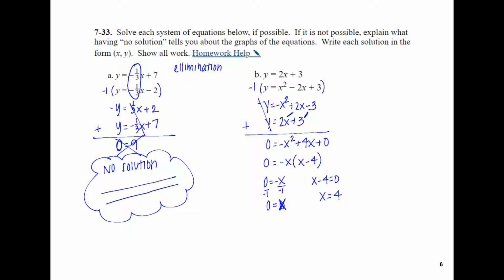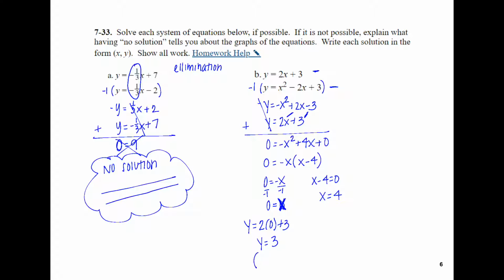Remember, you are solving for where these two things intersect, so this line and this parabola, so you need to plug your x values back in. The top equation looks to be the easiest, so y equals 2 times 0 plus 3 gives me y equals 3.